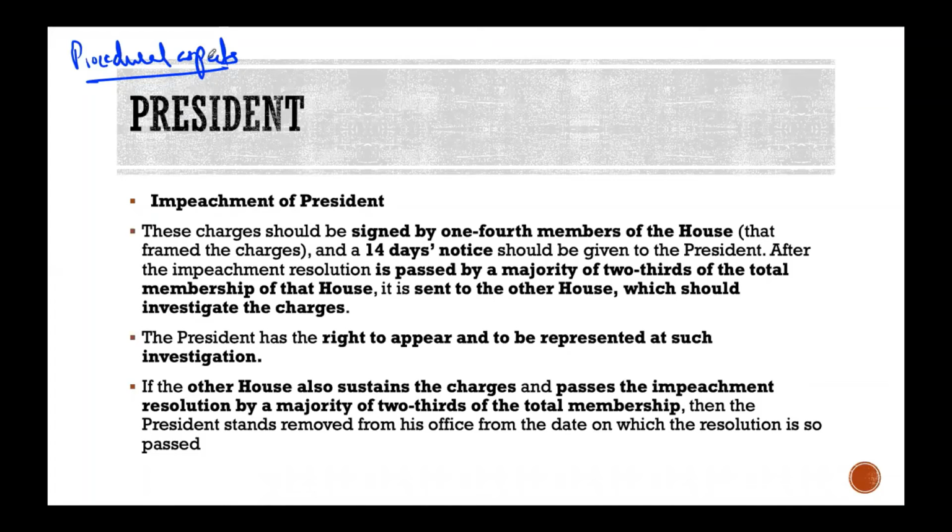How many members do we have? Approximately 543, depending upon how many, since sometimes somebody passes away, or somebody gets elected and takes up another role. So around 1/4 of this, or from your 250 in Rajya Sabha, around 60.